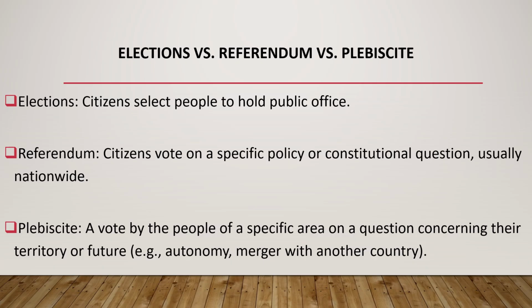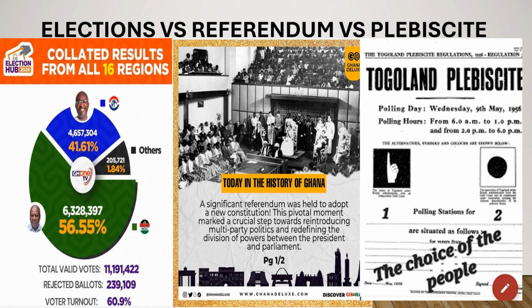The voters were choosing union with the Gold Coast ahead of independence, and that option won with 58% yes. I just want to give you that nostalgic feeling.